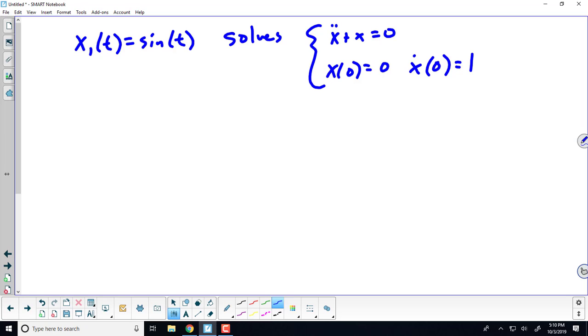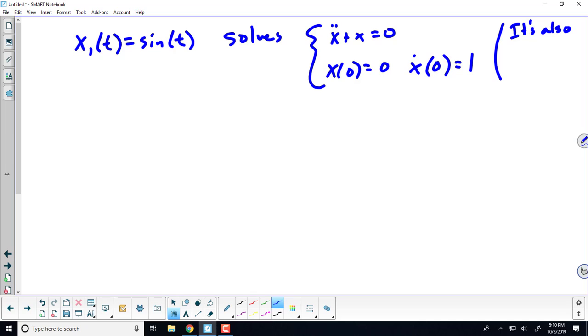All right, so in fact, not only does it solve it, but it's also what? So I'm saying that this equation right here solves this initial value problem.